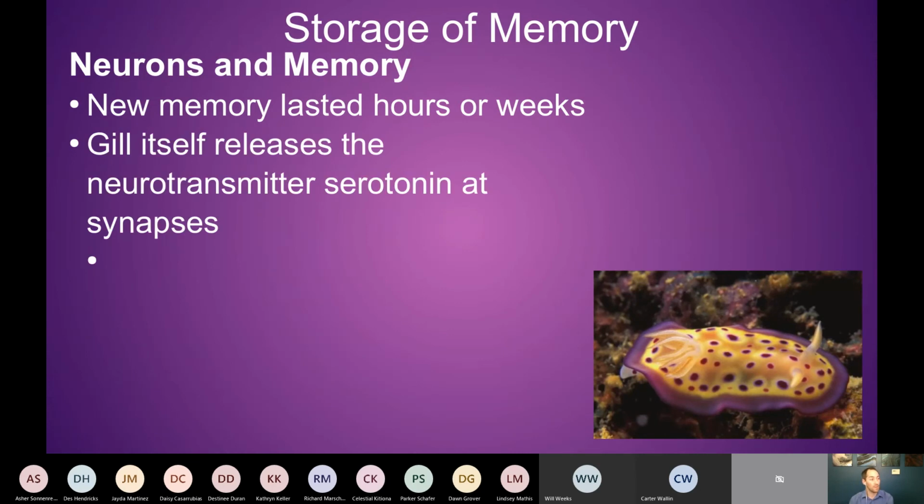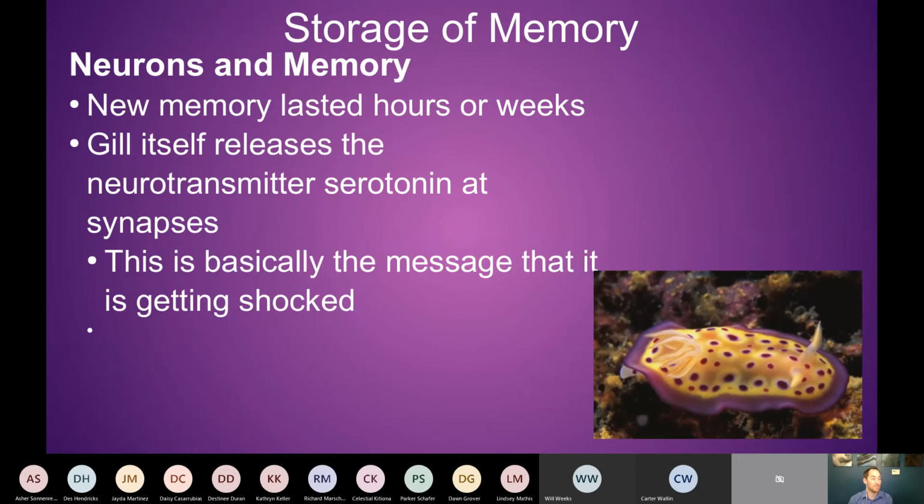The gill itself also releases the neurotransmitter serotonin at the synapses. So with that, it's basically the message that it's getting shocked. So the gill itself, as another part of that network, will tell the rest of the body at the same time, hey, I'm getting shocked, even if it's getting shocked on its tail. So it's learning a new response, essentially.